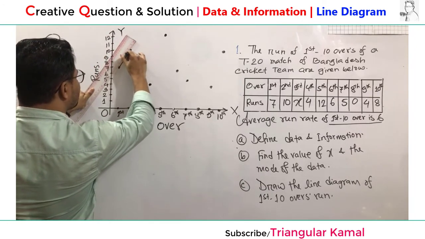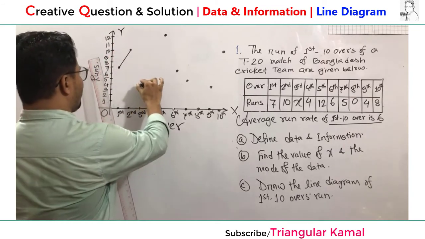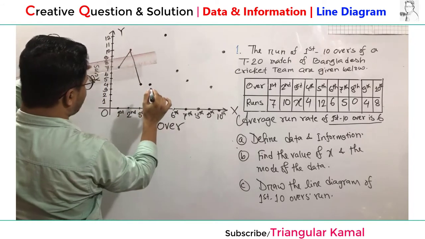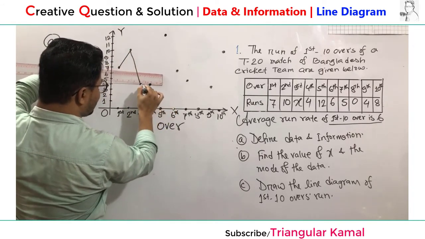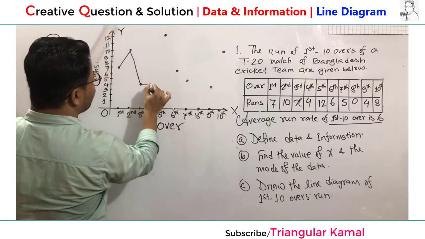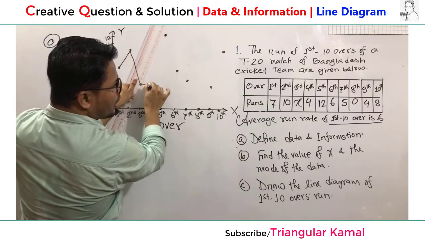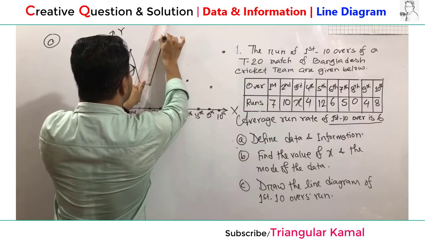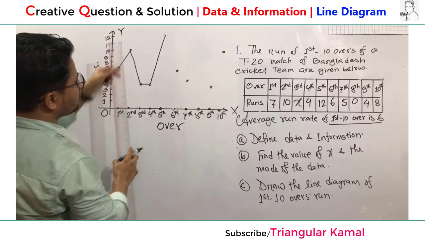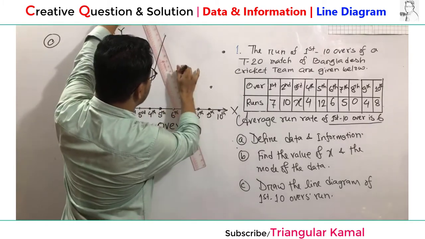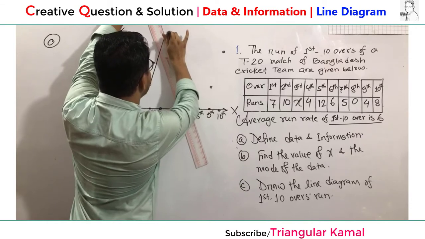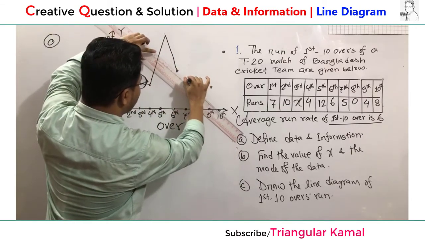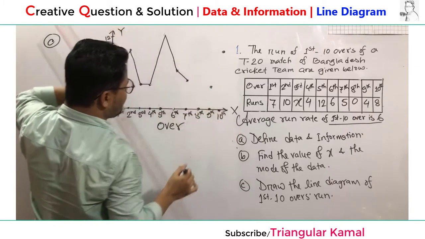First over to second over, second over to third over, third over to fourth over, and fourth to fifth over, which is the maximum, and fifth to sixth over, then 6 to 7, then 7 to 8.